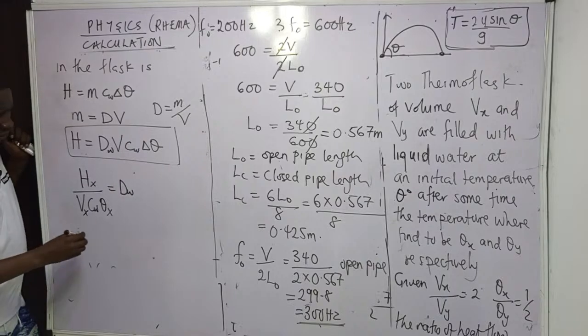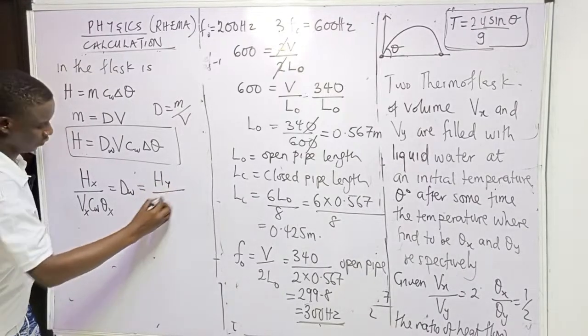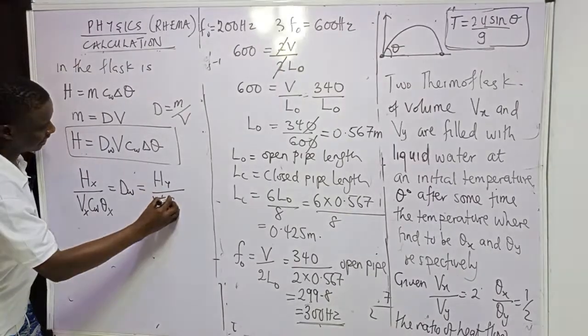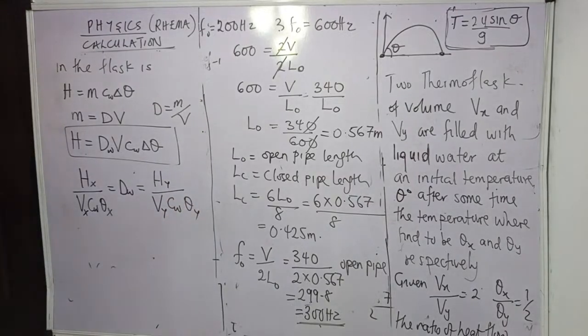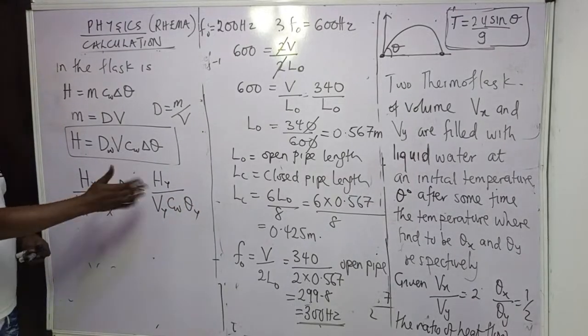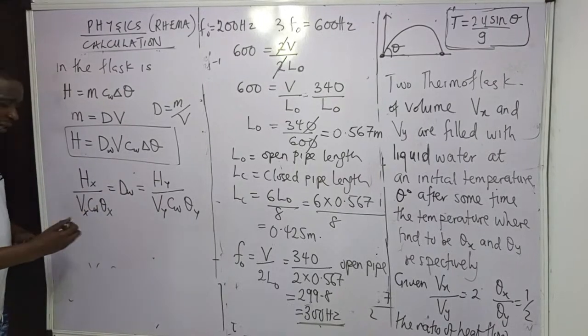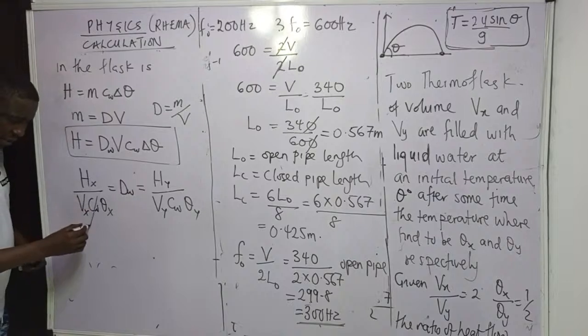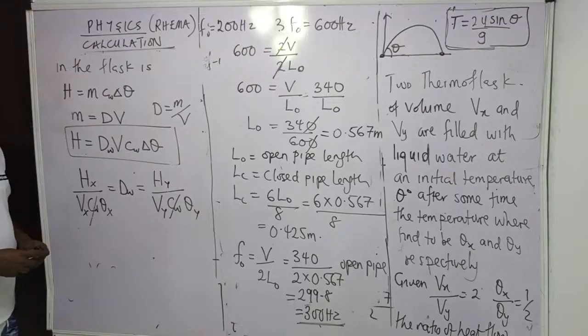Now look at the board. So density is the same. I will now say heat of Y equals Vy times specific capacity times theta Y. This is the formula I want to use. Density is constant for the two of them, so I will just equate them and solve. I can cancel the density on both sides, and the specific capacity of water for both sides can also be cancelled, because both are made of water.